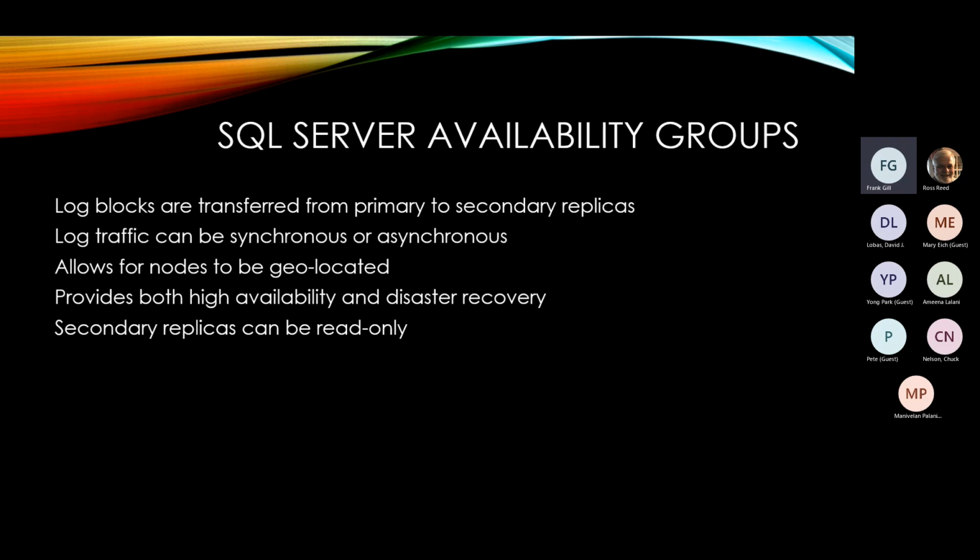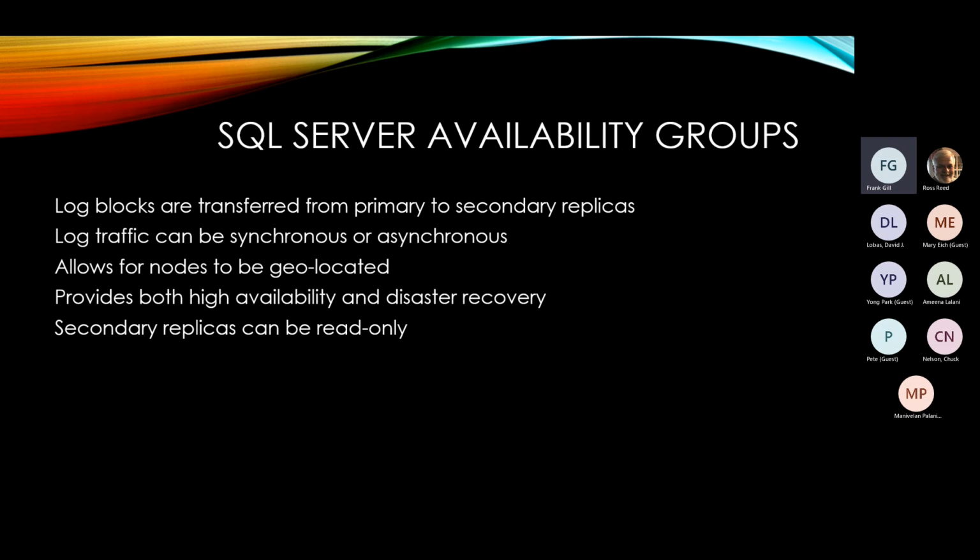And at that point, the transaction will fully commit. And this is used for high availability. So I've got 2 instances running in the same data center, possibly on servers in the same rack. The latency between them is minimal, and so I can afford to have that synchronous connection.